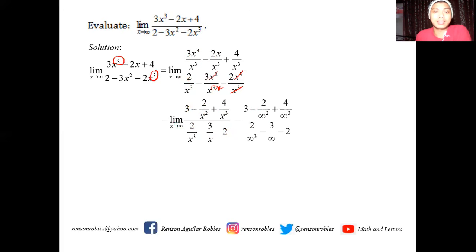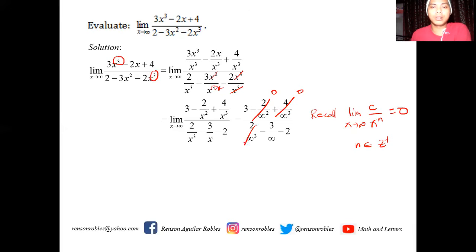By principle, we recall that the limit of a constant number all over x raised to n as x approaches a very large number, with n an element of the positive integers, is equal to 0. So this will approach 0, this will also approach 0, and this will also approach 0.